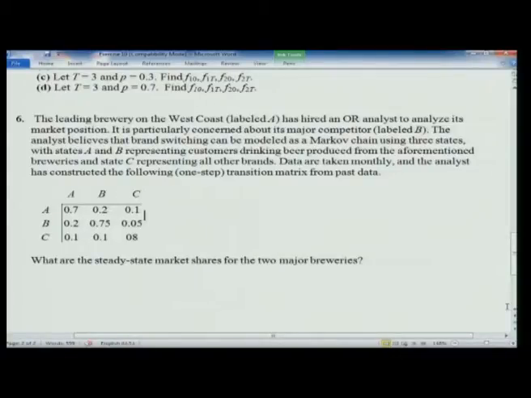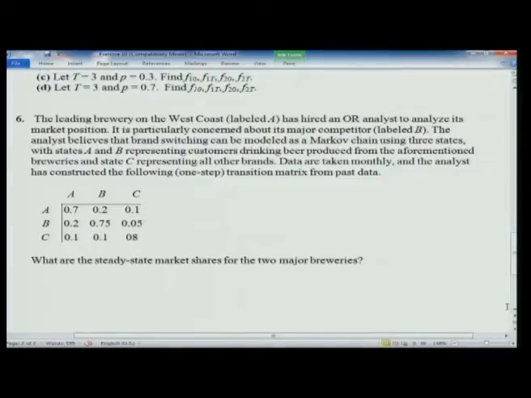The analyst believes that brand switching can be modeled as a Markov chain using 3 states, with states A and B representing customers drinking beer produced by the aforementioned breweries, and state C representing all other brands. Okay.